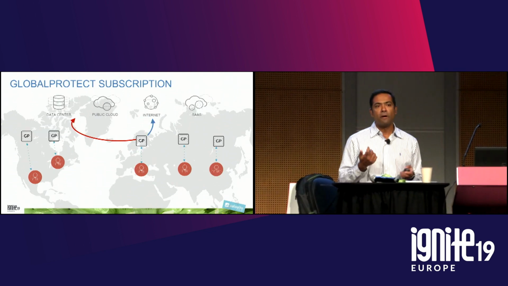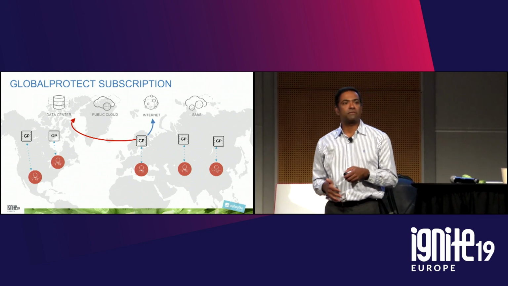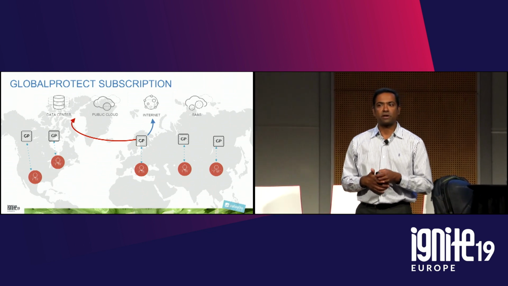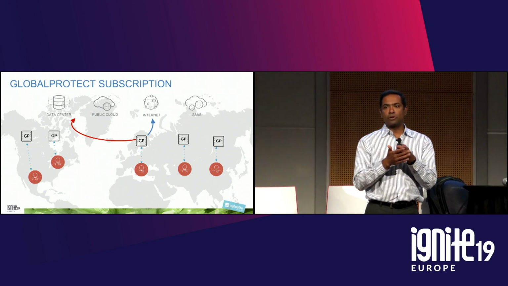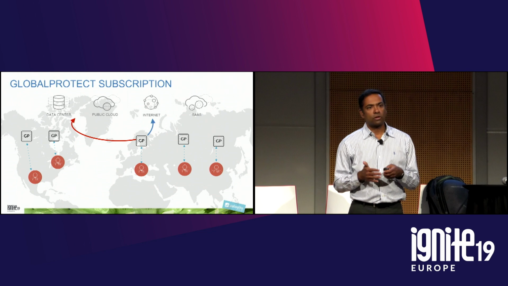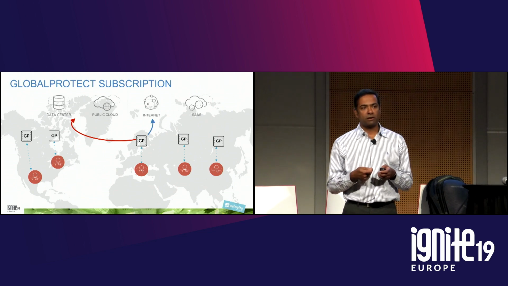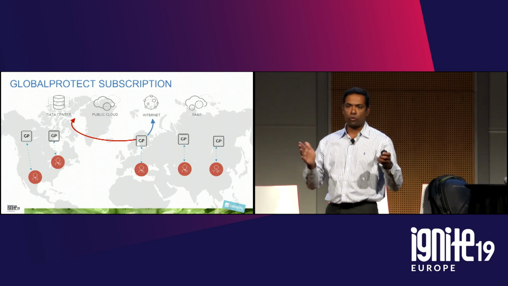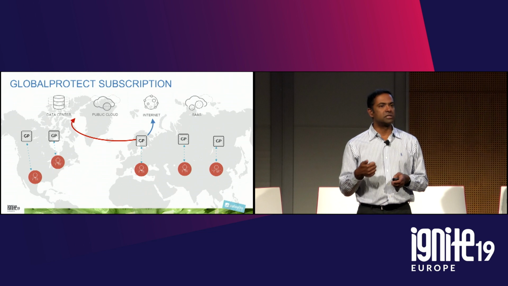So this is where GlobalProtect was designed, and in the last numbers, tens of thousands of large enterprise customers are on GlobalProtect, and it solves both problems. So you deploy a GlobalProtect infrastructure around the world, and then the user connects through the GlobalProtect app into the GlobalProtect service or the subscription or the firewalls, and they get access to all the applications with full security and inspection provided.